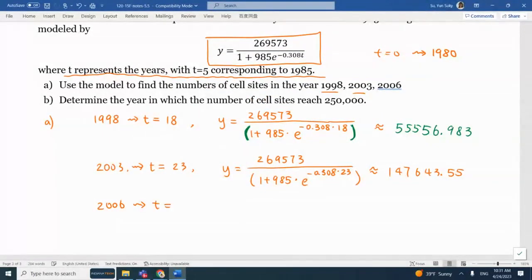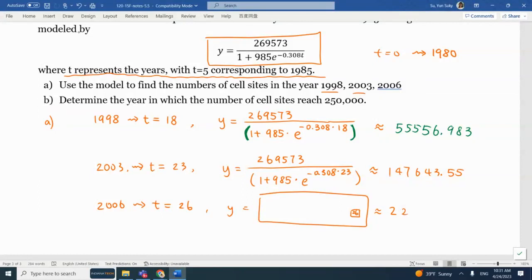2006 corresponds to t equals what? 26. Okay, then you just go up and replace the 23 with 26. What do you get? 202,023. I rounded up.